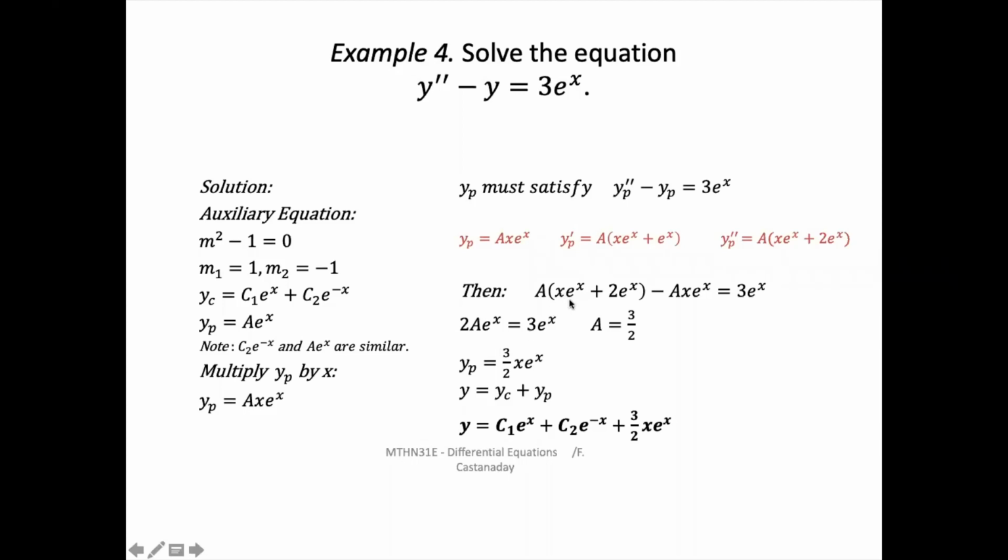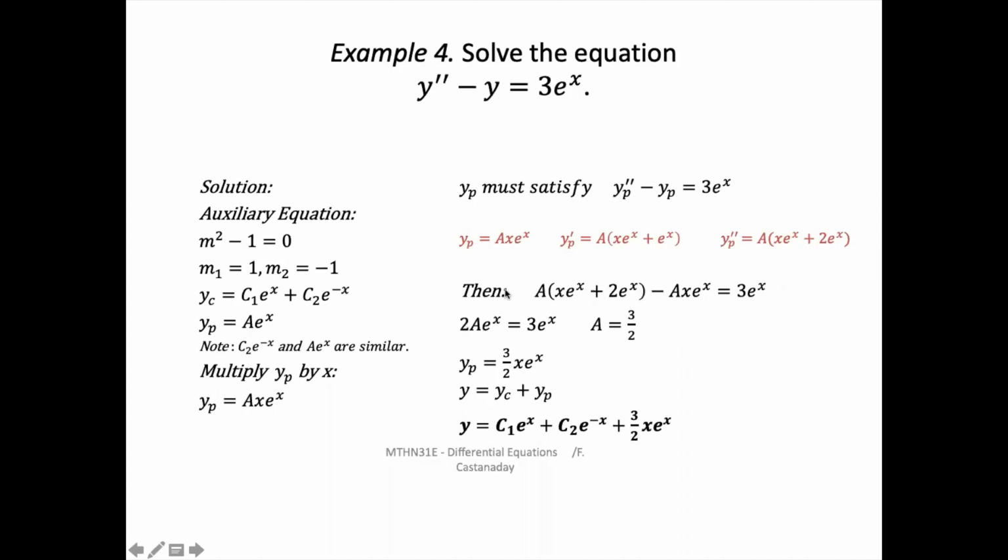So you have a x e raised to x minus ax e raised to x, so we can cancel this one. What remains here is 2 times a e raised to x.